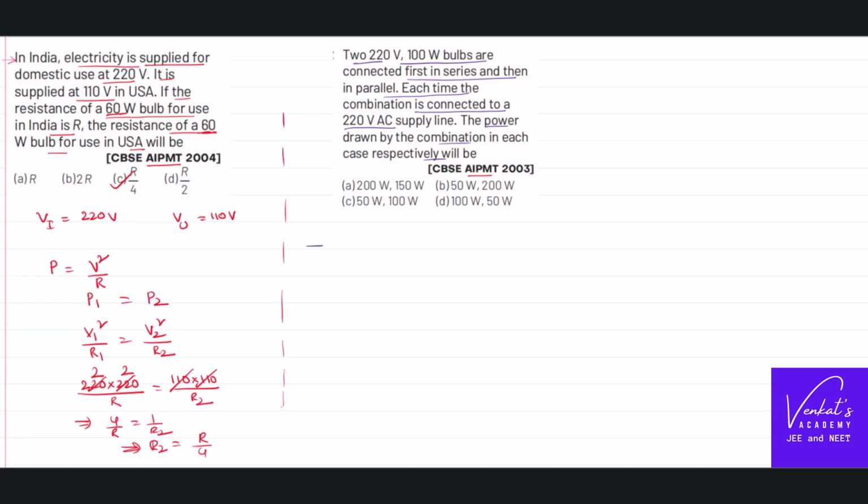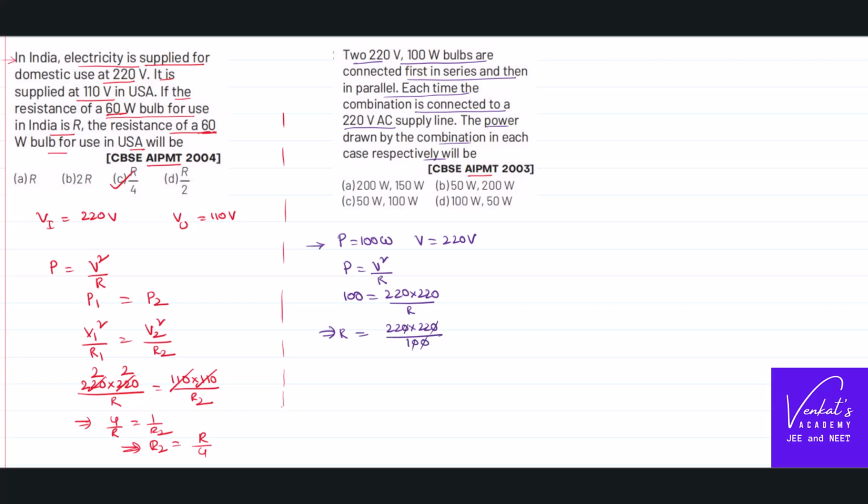What is given is a bulb with a power of 100 watt and a voltage of 220 volts. Then I can use the formula power as V square by R and get the resistance of each bulb. So 100 equals 220 into 220 by R. That means the resistance of each individual bulb is 220 into 220 by 100.